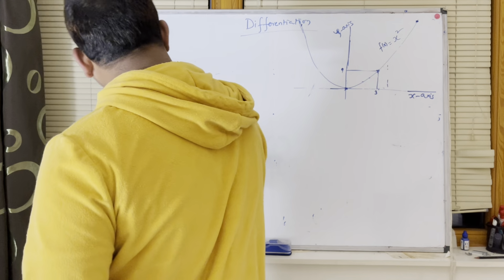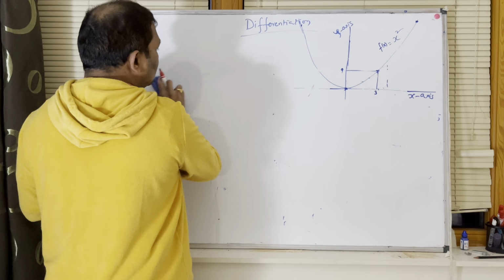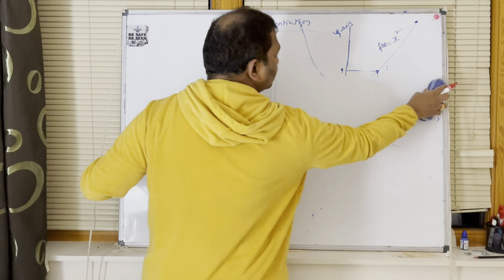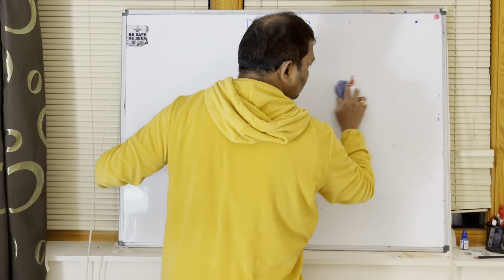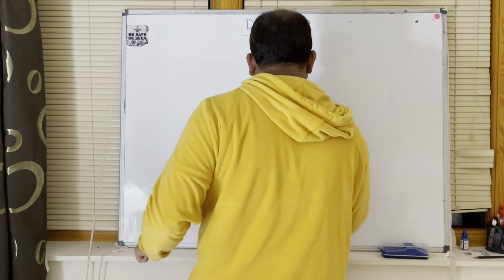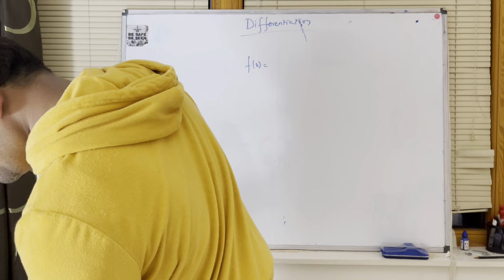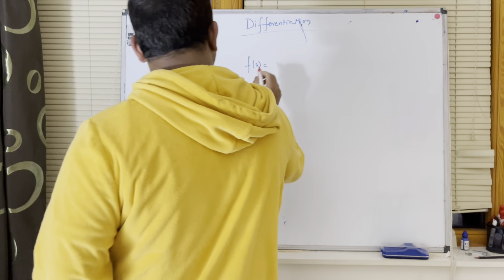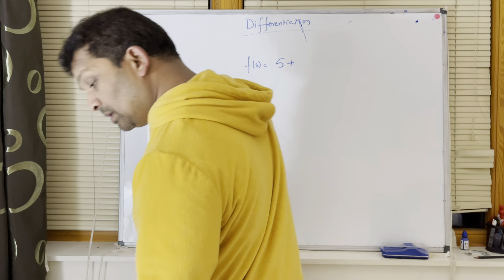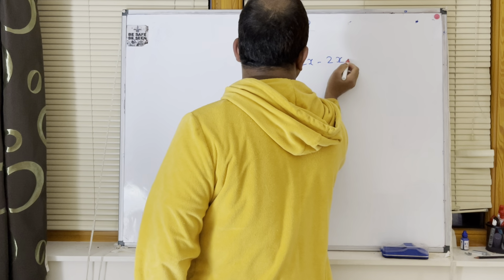There is a function f of x is equal to 5 plus 2x minus 2x square.